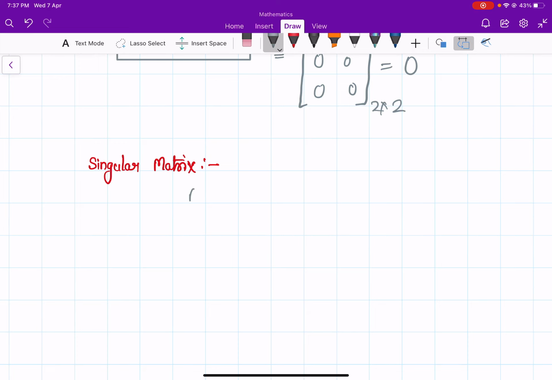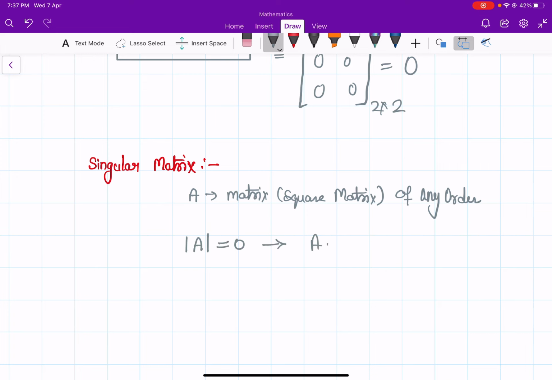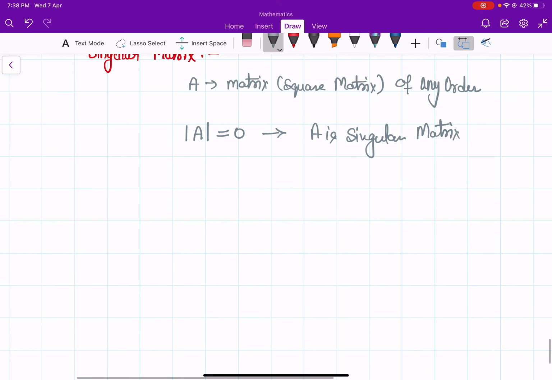Suppose A is a matrix that is a square matrix of any order, then we find its determinant value. If the determinant of A is equals to 0, then we can say A is singular matrix. So example is, suppose A is a square matrix, that is 1, 2, 3 and 6.